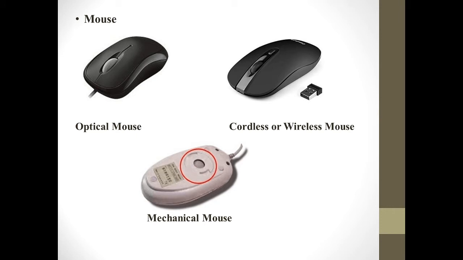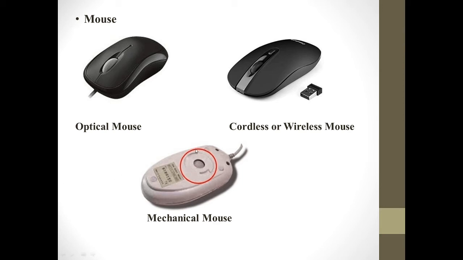Next, another important input device that we know very well, that is a mouse. There are some versions of the mouse, or we can say there are so many types of mouse available in the market. Some are optical mouse, some are cordless or wireless mouse, and some are mechanical mouse.